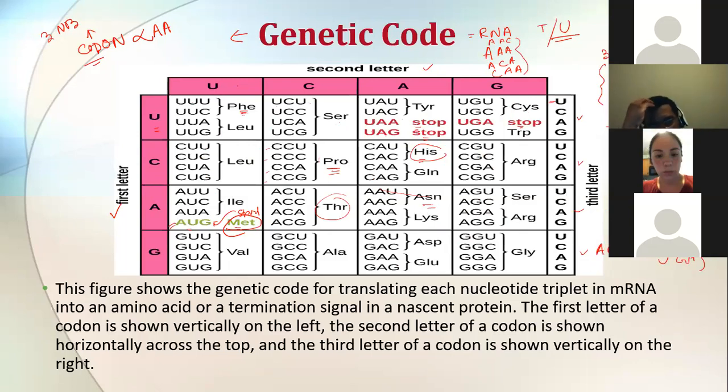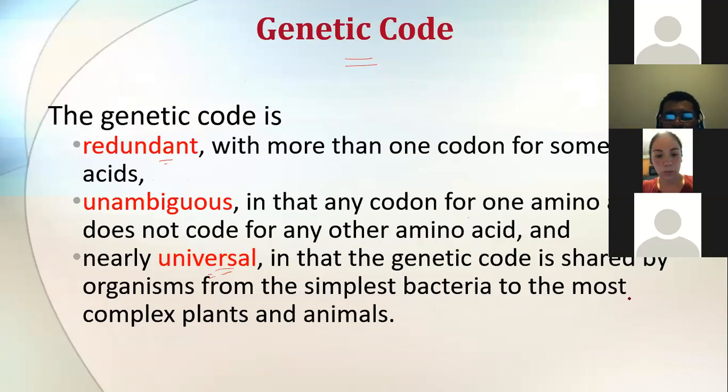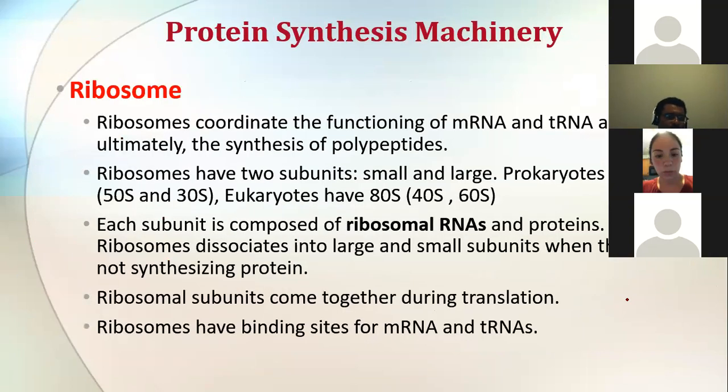It is AUG. And the start codon has a specific meaning. It codes for the amino acid methionine. Are you clear? Can I move on?